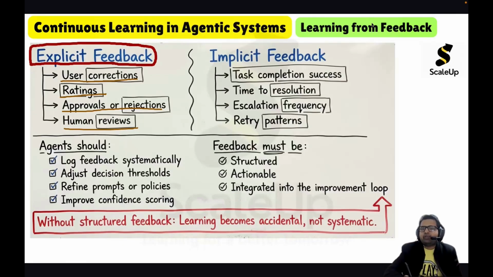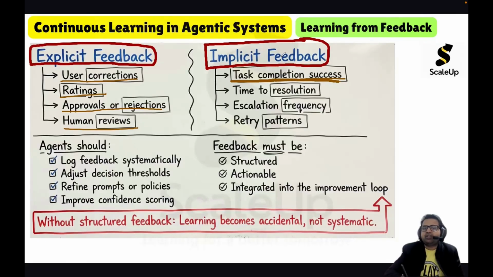We also have implicit feedback, which the agents receive internally from components. For example, task completion success. Whenever any task gets completed successfully, a component will receive feedback. So it's an implicit feedback. Time to resolution, escalation frequency, retry patterns. These are examples of implicit feedback.